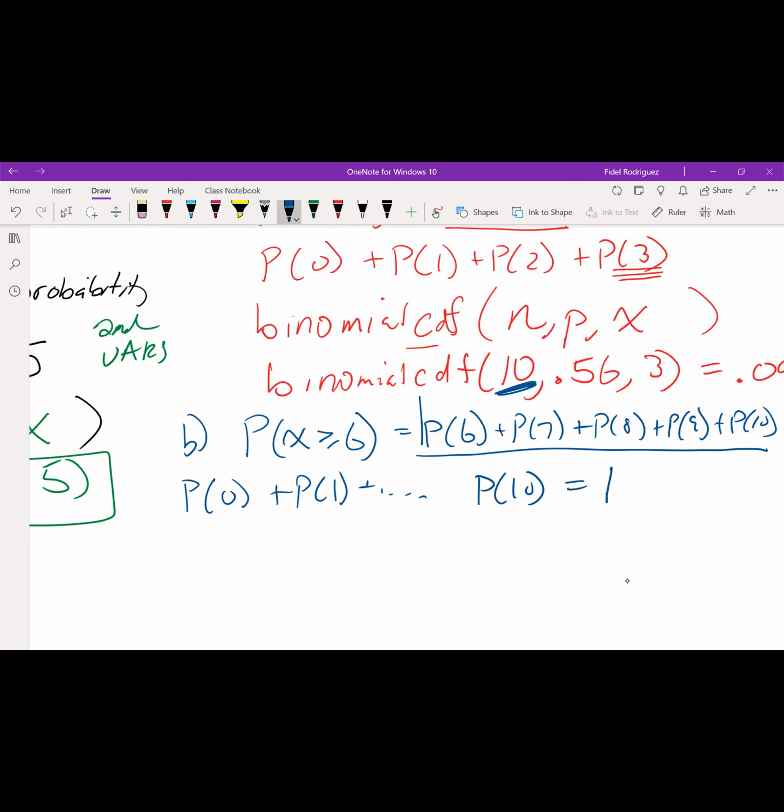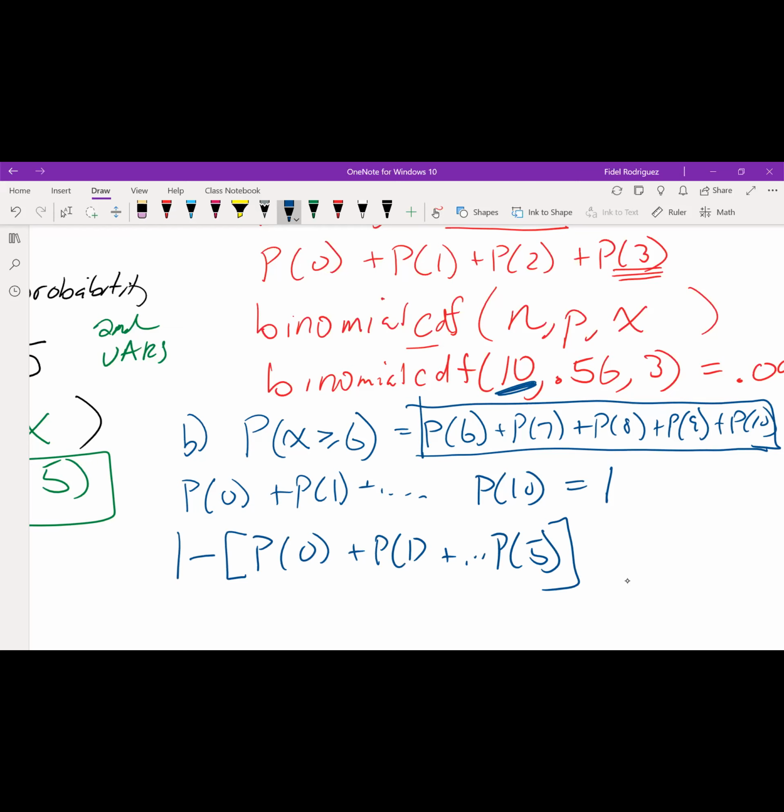So if I wanted to find this amount right here, we could take 1 minus the sum from 0 all the way to 5. The way I can find this part is the same way that we did it earlier.